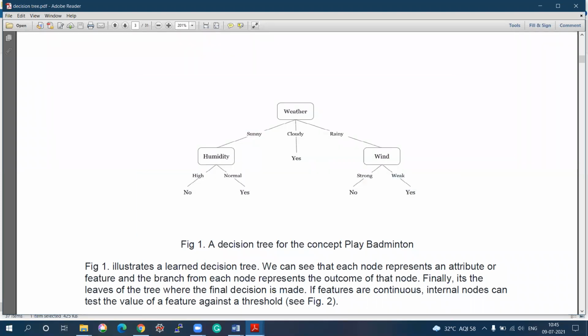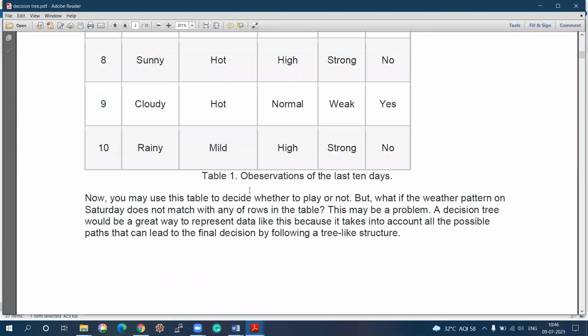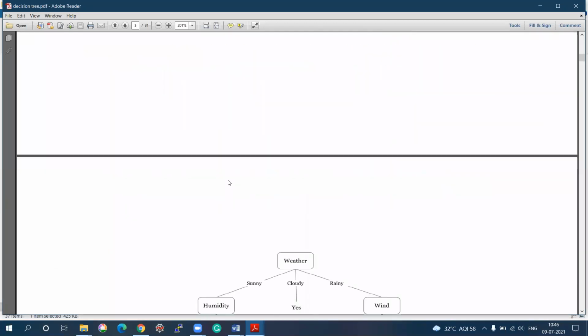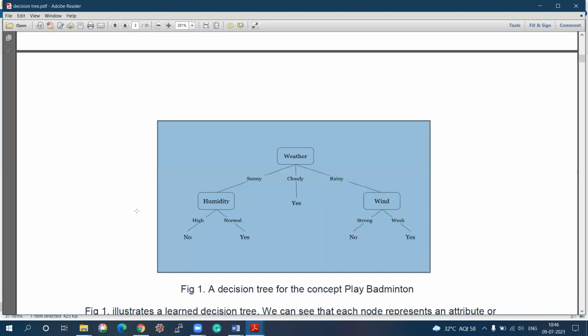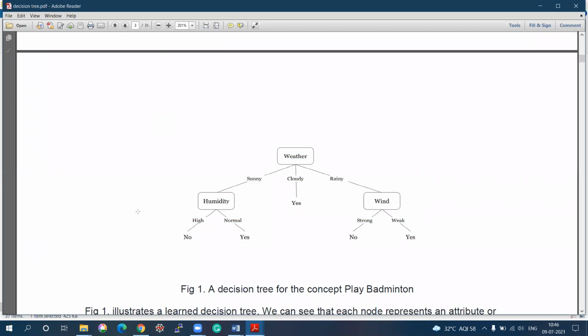To decide, if the weather is sunny, then humidity is here to help us. When the weather is sunny and the humidity is high, the result we always get is no, and we can check this decision tree against the given example. Whatever decision is made here, you can check for all the entries whether it satisfies the resultant value in the given example, like whether the play will happen or not.